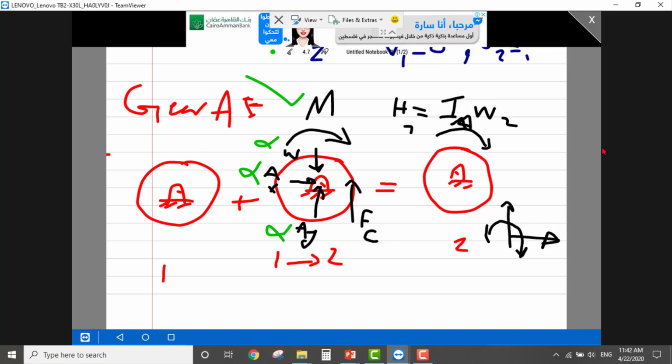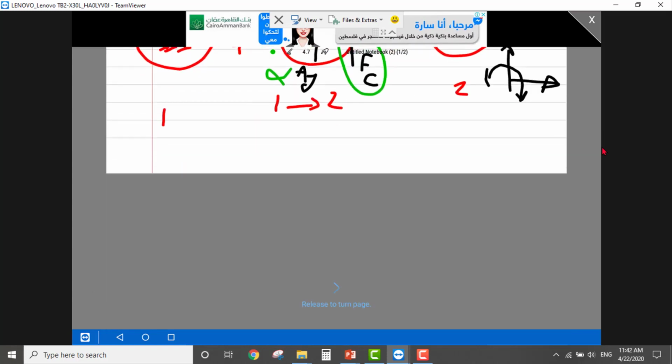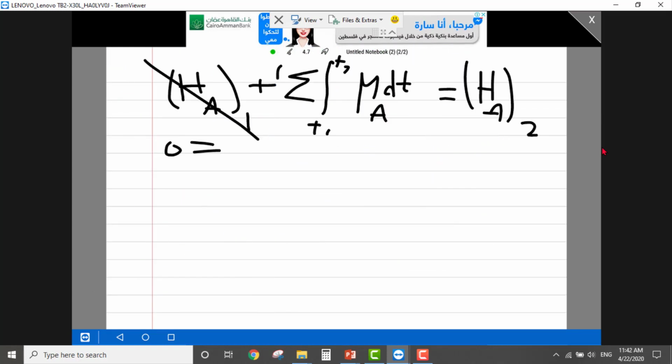The only force that will do a moment is the reaction force at the point of contact, FC. So this is equal to 0.